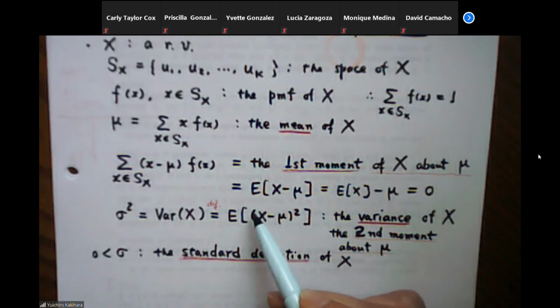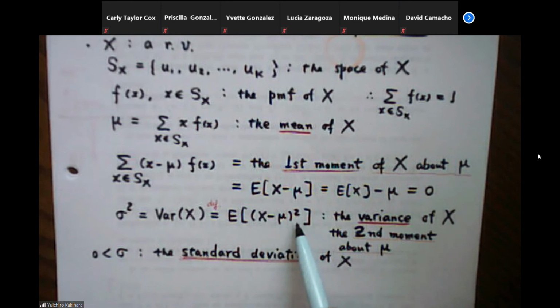If you take the absolute value, maybe that means something, but squaring makes the calculation very simple. So x is varying from its average, and we ask how far it stays away from the mean mu.